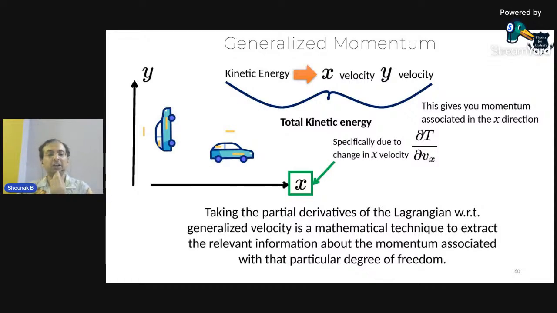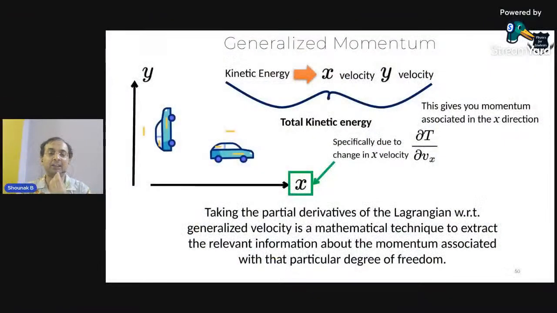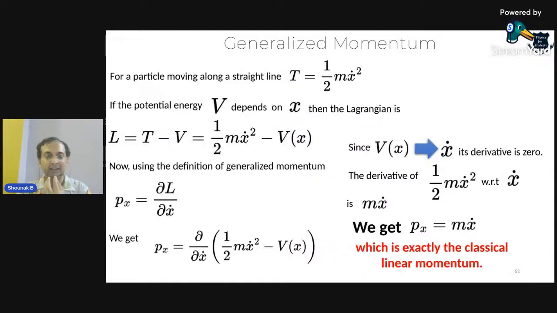Now this is the last part of our discussion. You might be wondering, can we get the classical momentum p equals mv from the generalized momentum, using the Lagrangian? Yes, we can do that. Here is a simple derivation, which I'm not explaining part by part. I've taken a particle moving with T equals half m x dot squared.